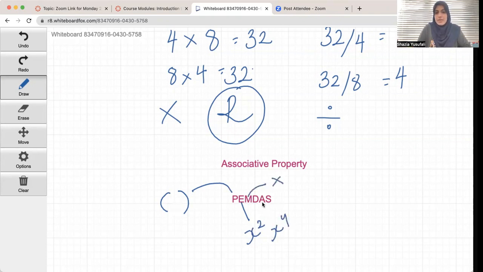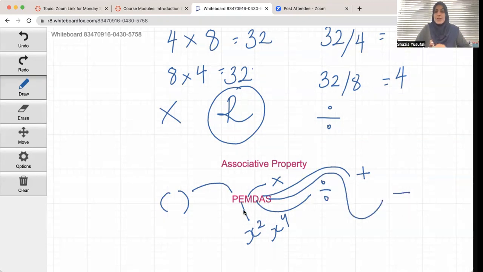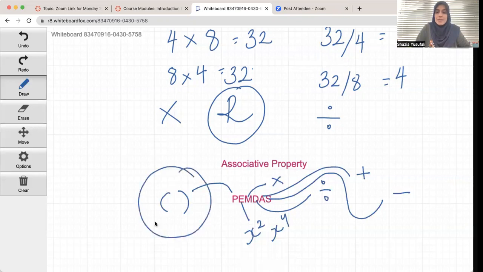M is multiplication, D is division, A is addition, and S, you want to sneak it in, is subtraction. This is PEMDAS. The first thing we're going to talk about in PEMDAS is our parentheses, or brackets. The associative property is connected to the brackets.